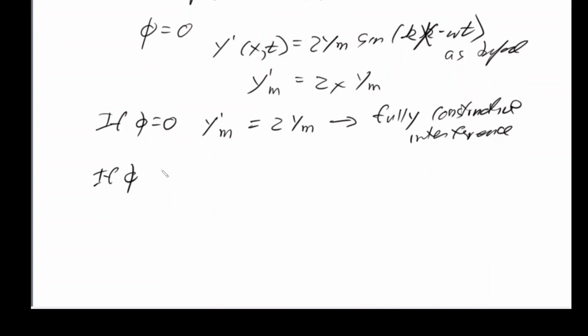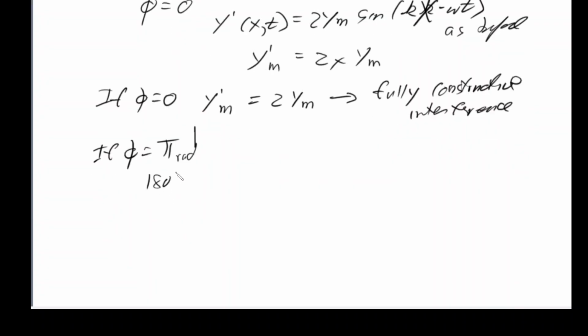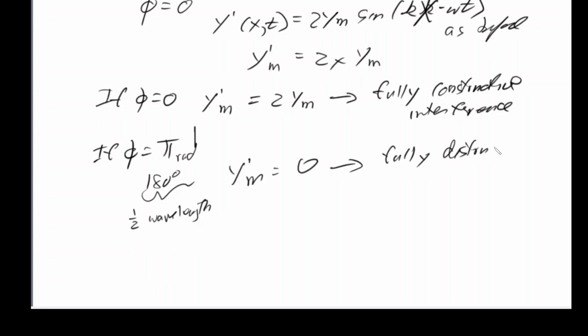If phi is equal to pi radians, or 180 degrees, which means this is 1/2 wavelength out of phase, then the amplitude of the new resultant wave is 0, and these waves have undergone fully destructive interference.